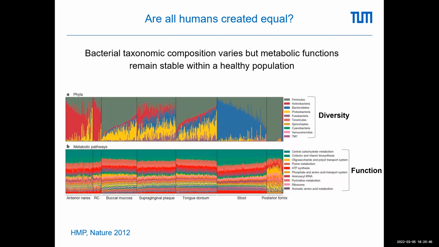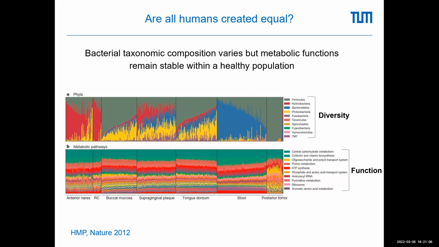And so one of the main findings of the Human Microbiome Project, there have been a number of milestone findings, but one of the main findings here was looking at the diversity and the stability of microbiome within a healthy population.